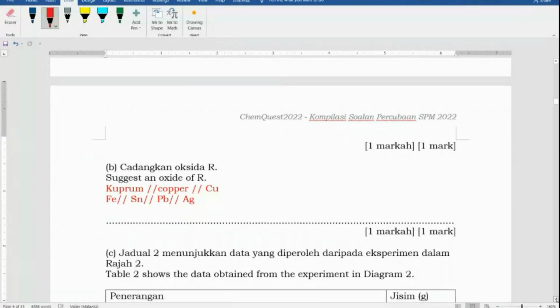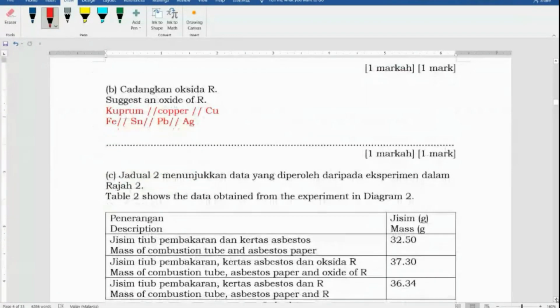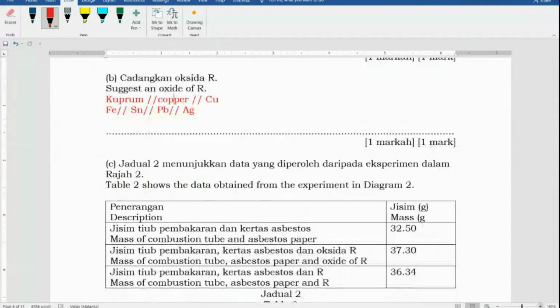So next, this one is slightly different. Here, combustion tube, meaning the empty apparatus, nothing inside.